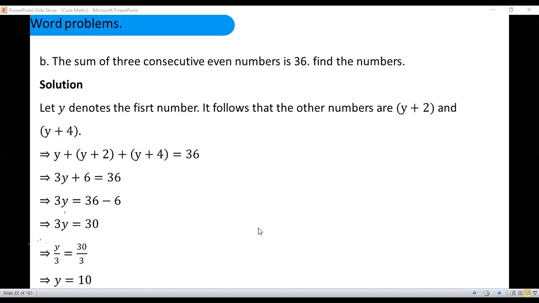Is the difference going to be 1, 1, 1 or? Odd numbers also have the difference of 2. Right? 3, 5, 7 also have a difference of 2, isn't it? Yes, sir.